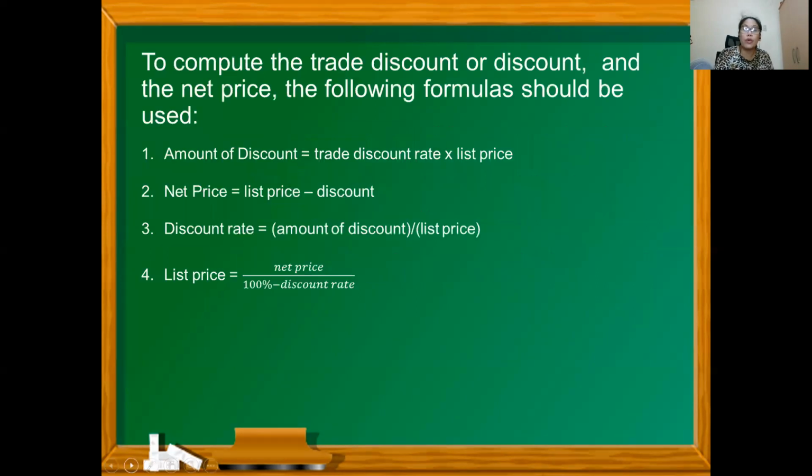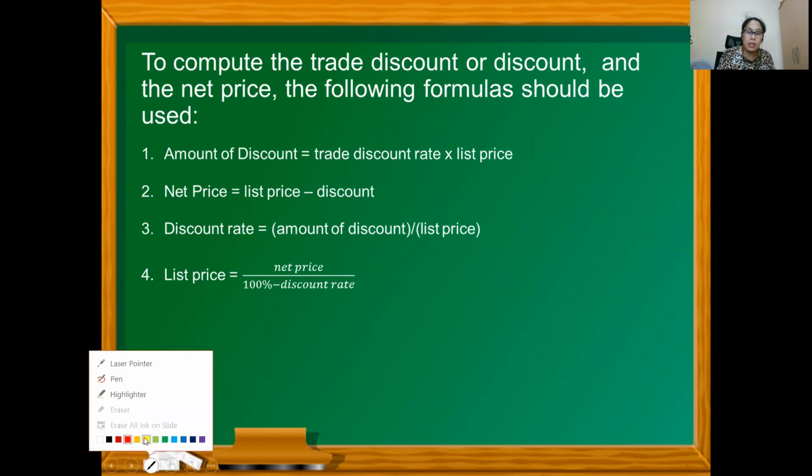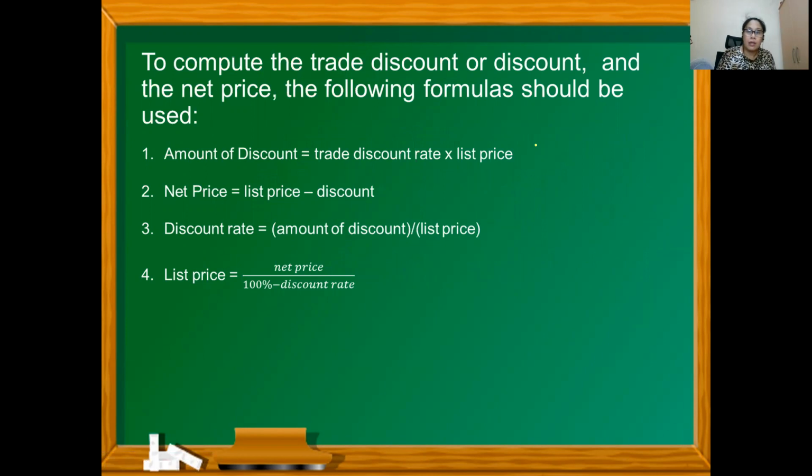We will be solving for the amount of discount, which we will denote by capital D. The net price we will denote by NP. The discount rate will make use of a small letter d, and then LP for the list price.